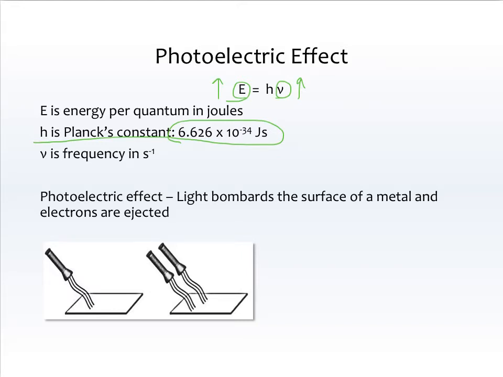So let's say you shine a flashlight onto a piece of metal, and notice this has a very low frequency. There's not very wavy light. So when I shine light of low frequency, even if I shine 2 flashlights worth of light of low frequency onto this metal, the electrons are not going to be ejected, no matter the intensity of the light.